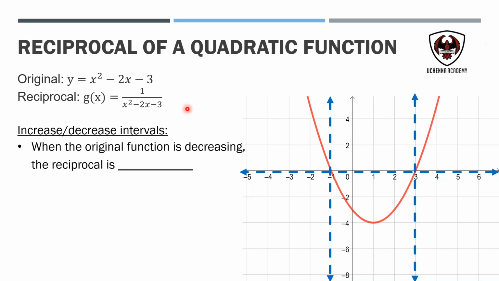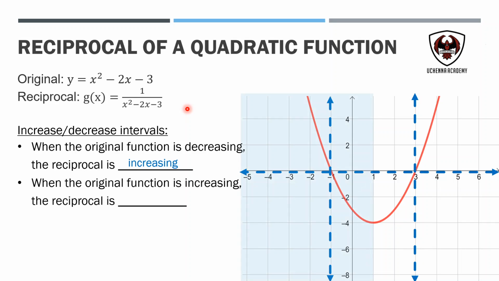Increasing and decreasing intervals. So again, we should know from the last lesson that when the original function is decreasing, the reciprocal will be doing the opposite. It'll be increasing, because reciprocal means we're making it 1 over a number. And similarly, when the original function is increasing, the reciprocal will be decreasing.